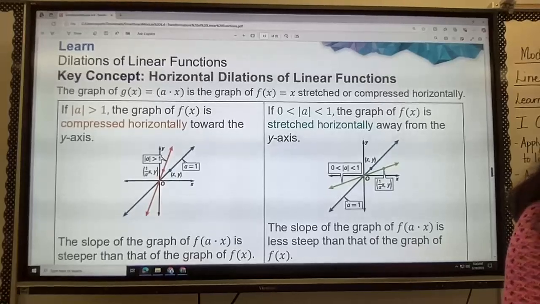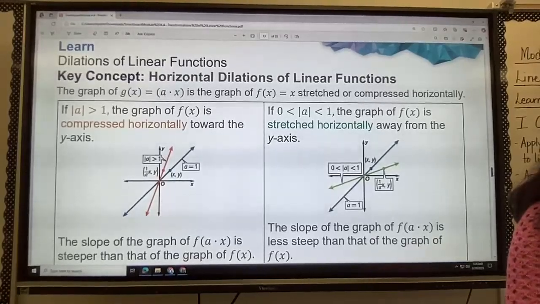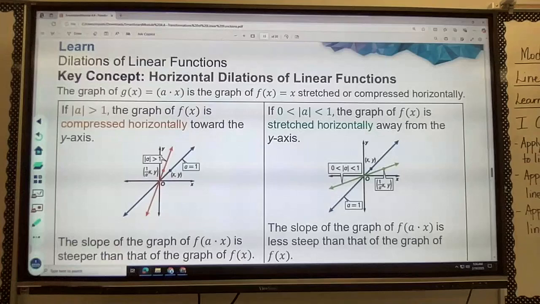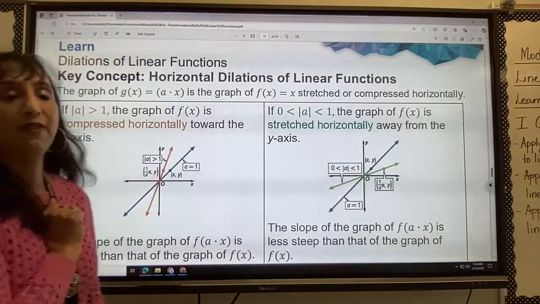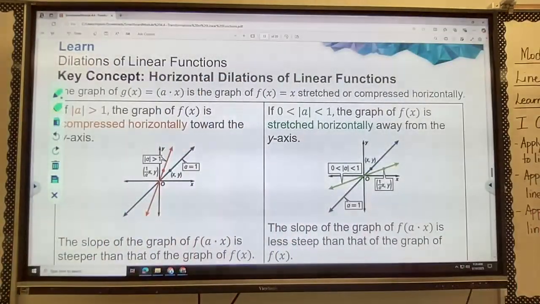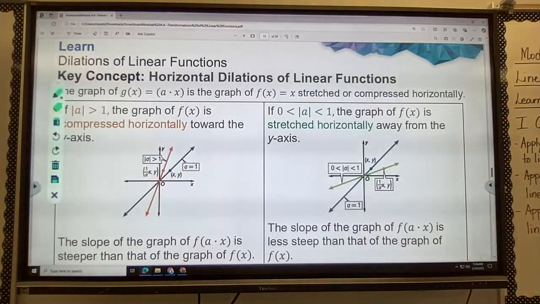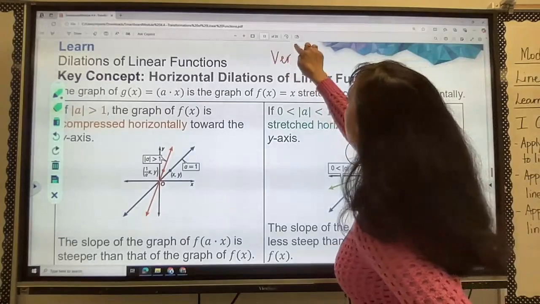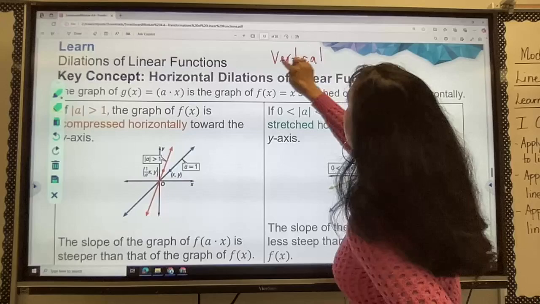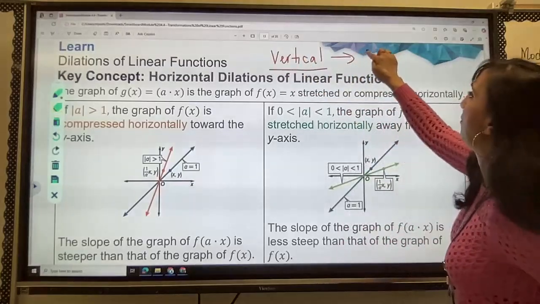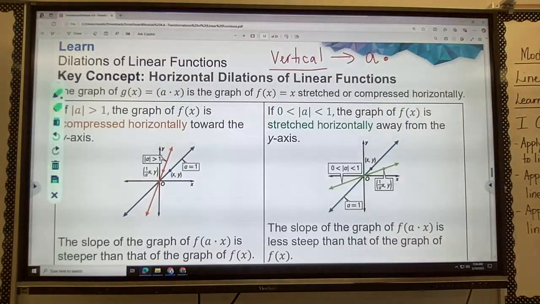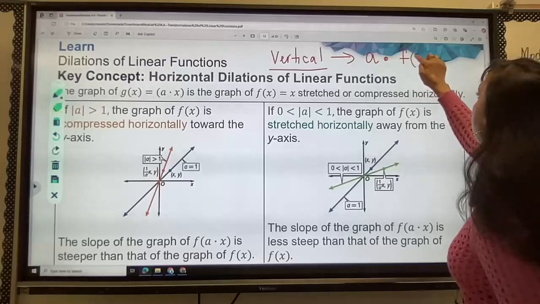Once again, let's look at the difference between the two really quick. In a vertical dilation, what is happening to the linear function? For vertical dilation, we have a times f of x.